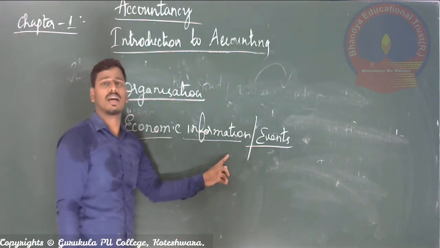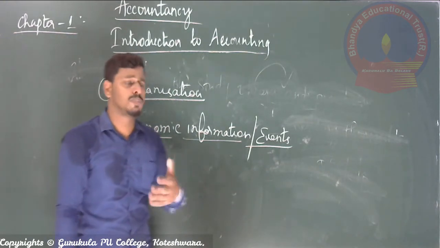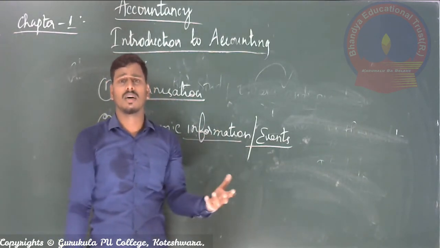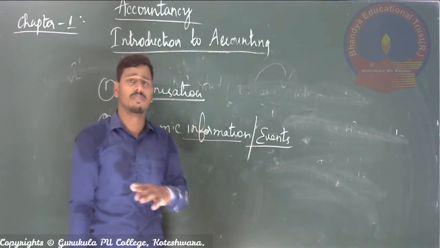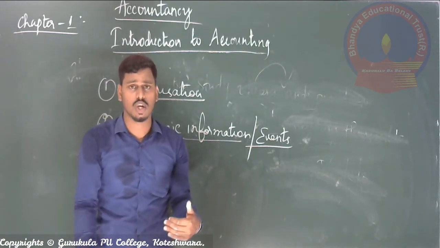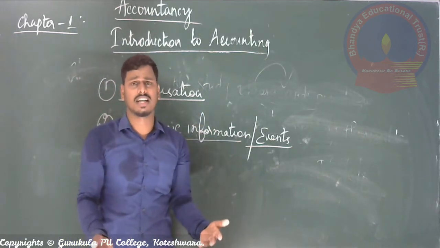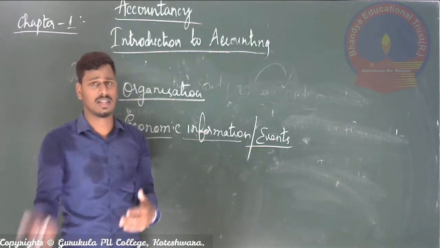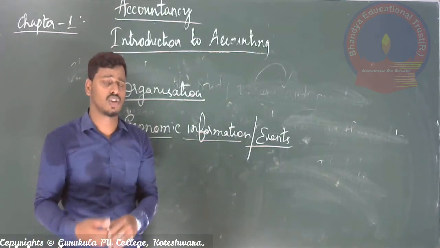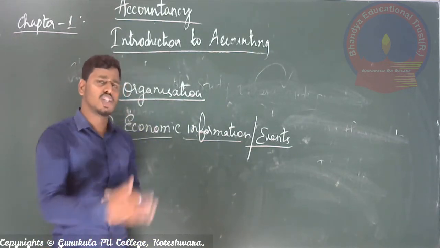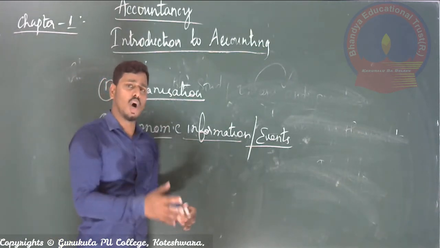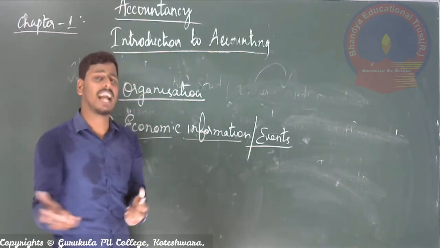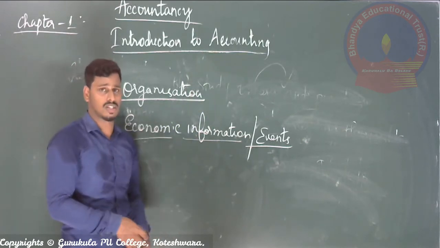For example, if unnecessary disputes happen between the manager and subordinates, or any unwanted discussions are held between the manager and the personnel or employees of the organization, these are never recorded, or never considered as accounting information, right.